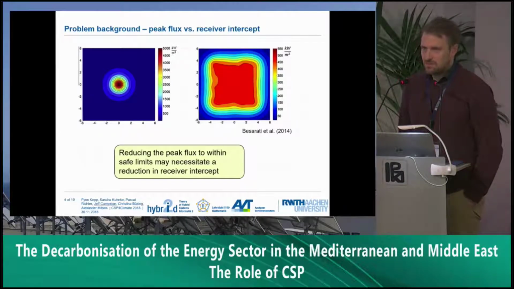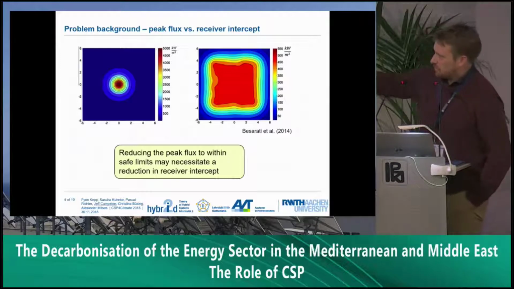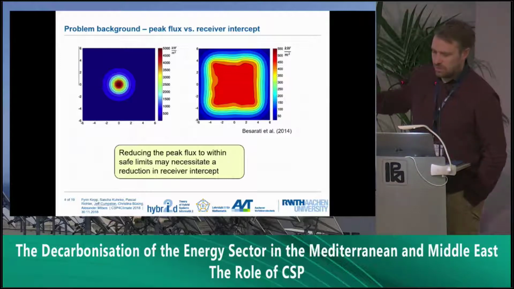In this case, we can expect a flux distribution that's very localized, but also very intense. And the receivers are not designed to accommodate this, or in particular, when we focus in this way, we see there's a lot of wasted receiver space there.